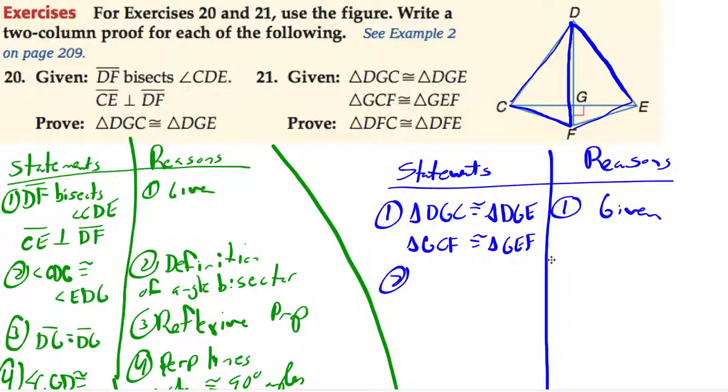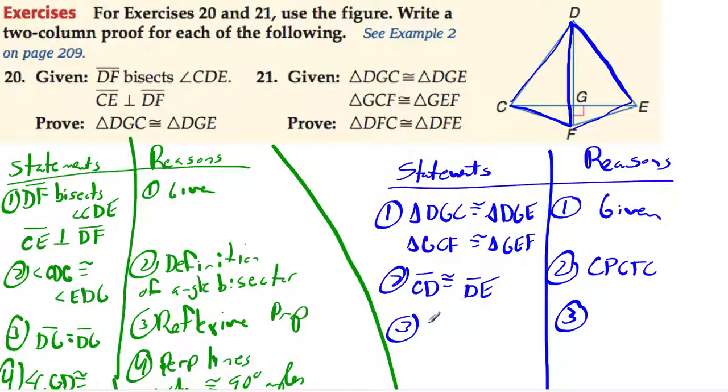And then for step 2, we can say that side CD is congruent to side DE, and that's going to be corresponding parts of congruent triangles are congruent. Yep. 3, I can say that CF is congruent to EF, CPCTC.